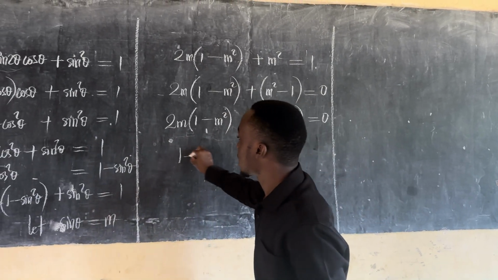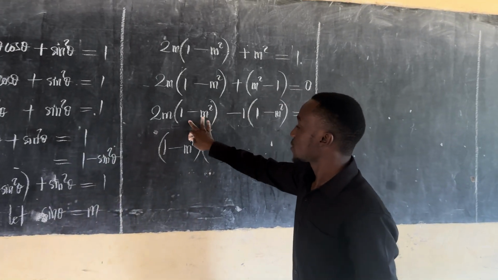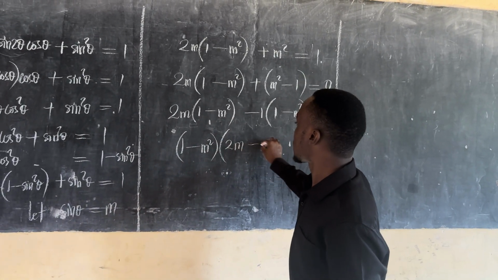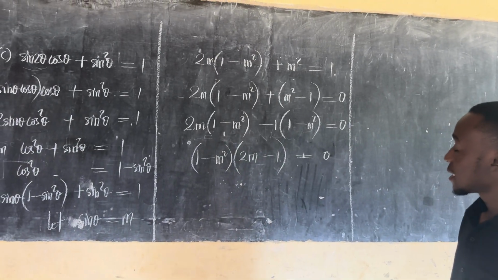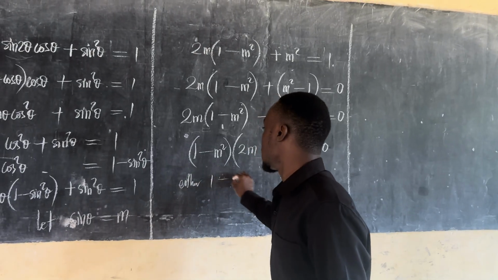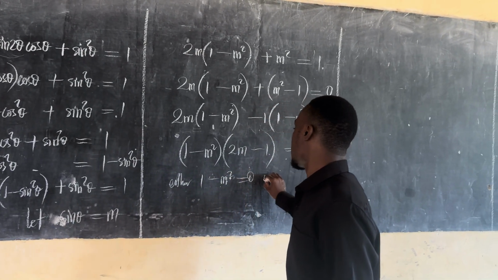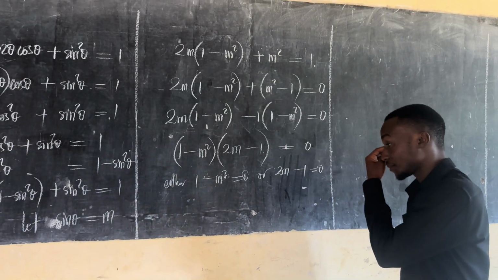So we can factorize out that bracket, so we remain with 2m minus 1 equal to 0. And finally, I can say that either 1 minus m squared is equal to 0 or 2m minus 1 is equal to 0.